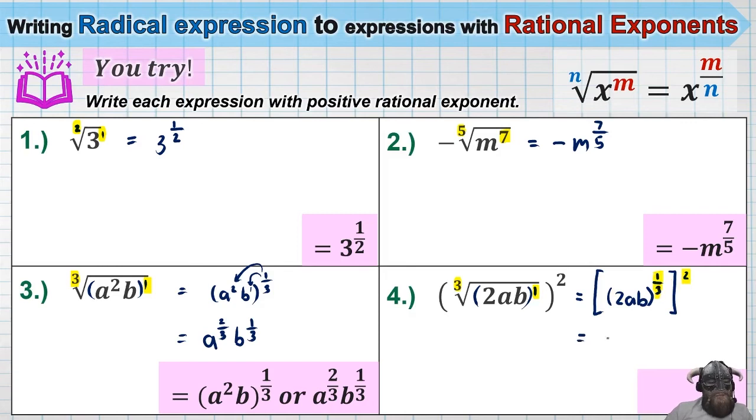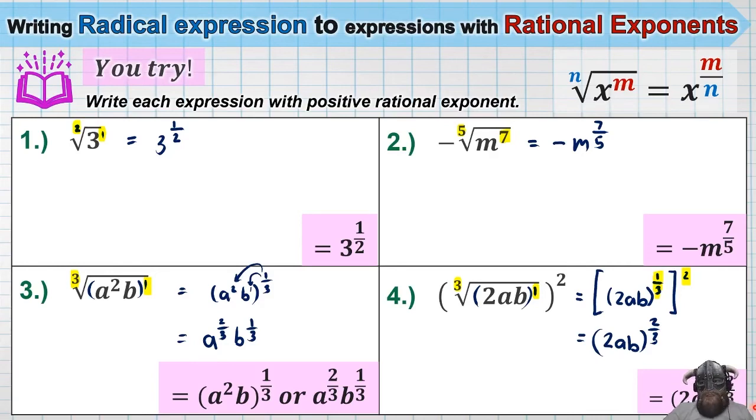So, we'll now have the answer 2ab raised to 1/3 times 2. That will be equal to 1 times 2. Numerator times numerator lang yan. So, we have 2/3 or 2 over 3. So, our final answer will be the quantity 2ab raised to 2/3. Okay, so tama tayo.